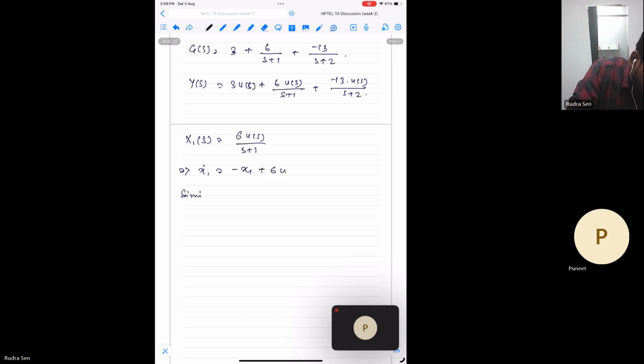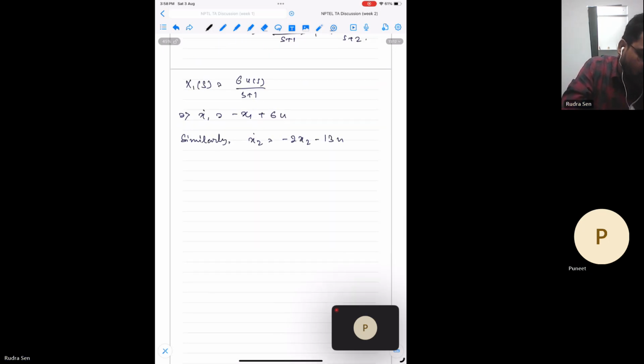Similarly, x2 dot equals minus 2x2 minus 13u. What is the state space model in diagonal canonical form?